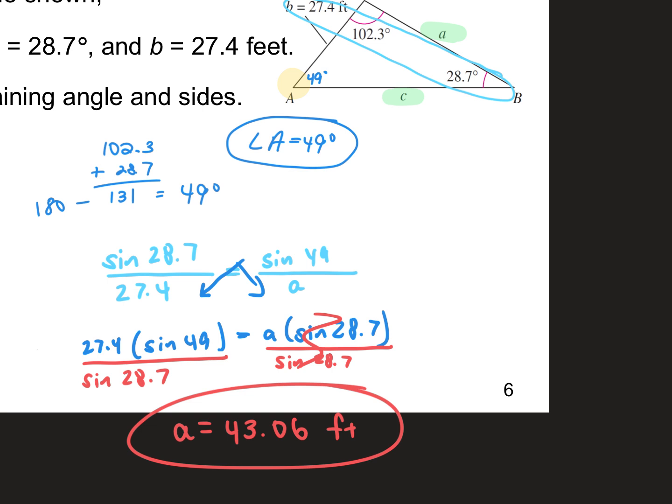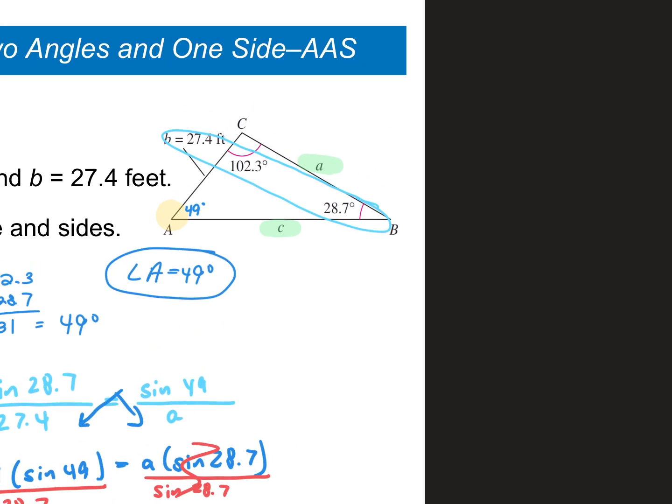So now that we know what side A is, what's the other side we're missing? C. All right, go back to the original proportion that they gave us. They originally gave us that the sine of 28.7 over 27.4. Now we're going to find C. So what goes on top? Sine of what? 102.3 over little c.